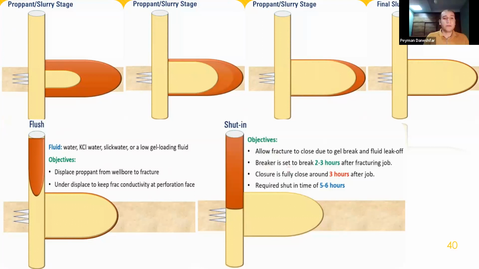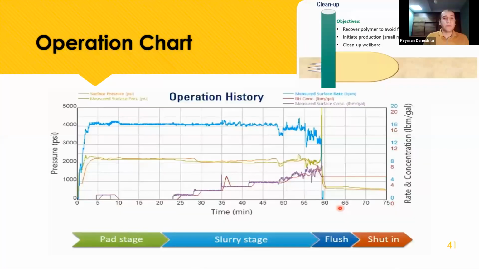In the last stages, we clean up the well because we recover the polymer to avoid formation damage due to unbroken gel. Why do we use breaker? To break the gel, avoid formation damage, and clean up the wellbore.